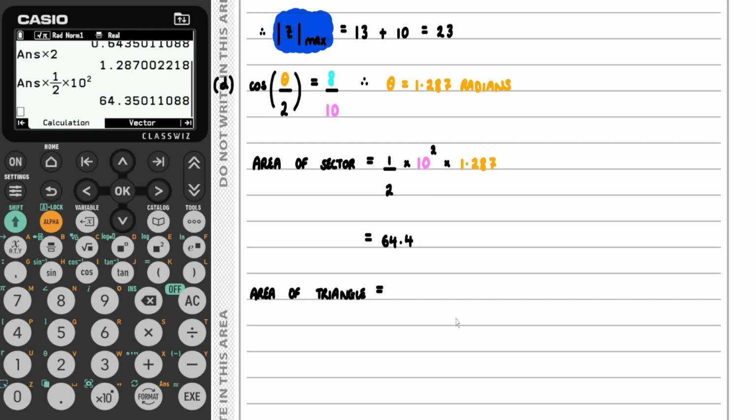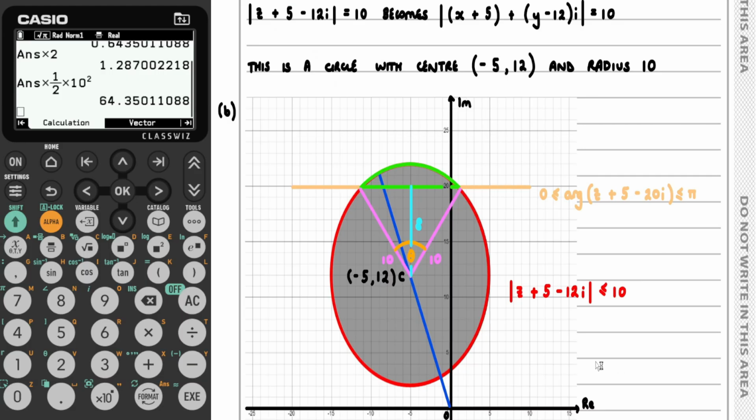The area of the triangle, well, if we use Pythagoras for this length here, that will be 10 squared take away 8 squared square rooted, which is 6, so the total length here will be 6 plus 6, which is 12.